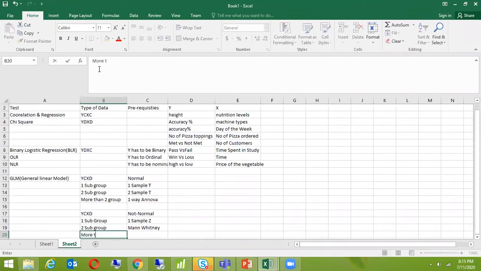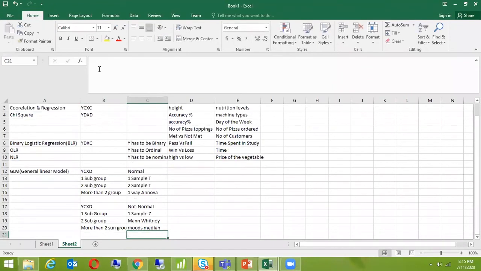If I have more than two subgroups, I will do a test called Mood's median. There is no other prerequisite as of now. So in case of y continuous, x discrete, if it is normally distributed, I will do these three tests, and if it is not normally distributed, there are three more tests as well.